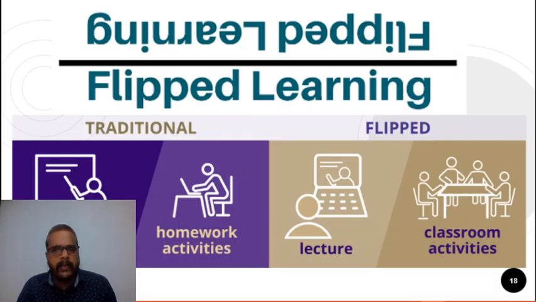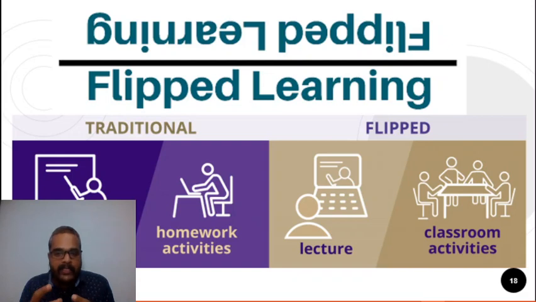Another is flipped learning. In a traditional classroom, when the students come to the classroom, they learn. The learning happens in the classroom, and the application or the higher level of analysis or verification of the learning happens at home as homework activities. Now, can we think of tilting it? In a flipped learning design, the lecturing can happen online or even offline.